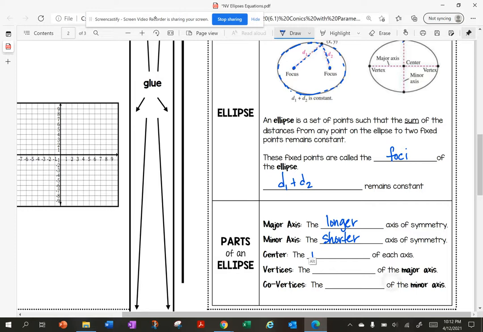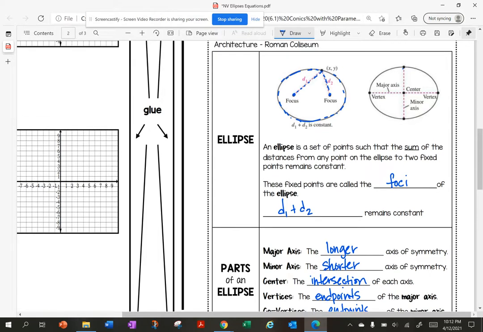The center is the intersection of the major axis and the minor axis. The vertices are the endpoints of the major axis, and the co-vertices are the endpoints of the minor axis.